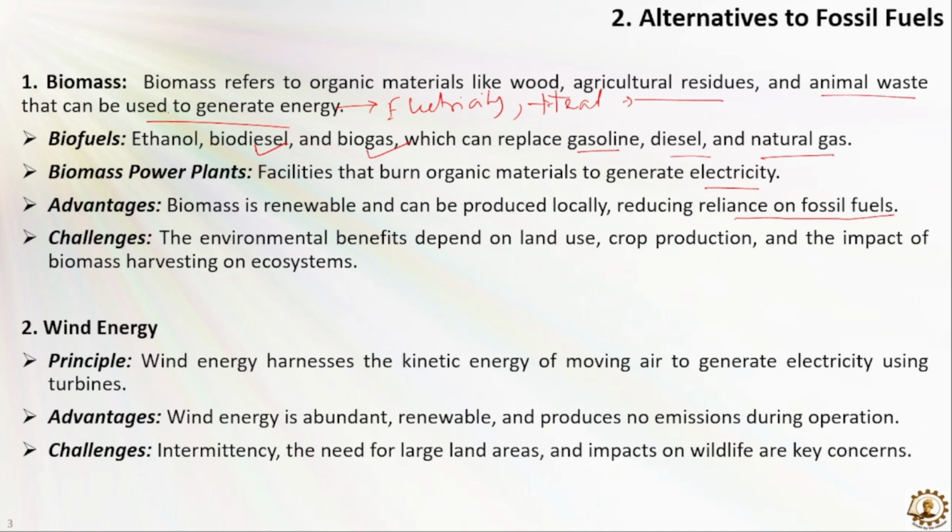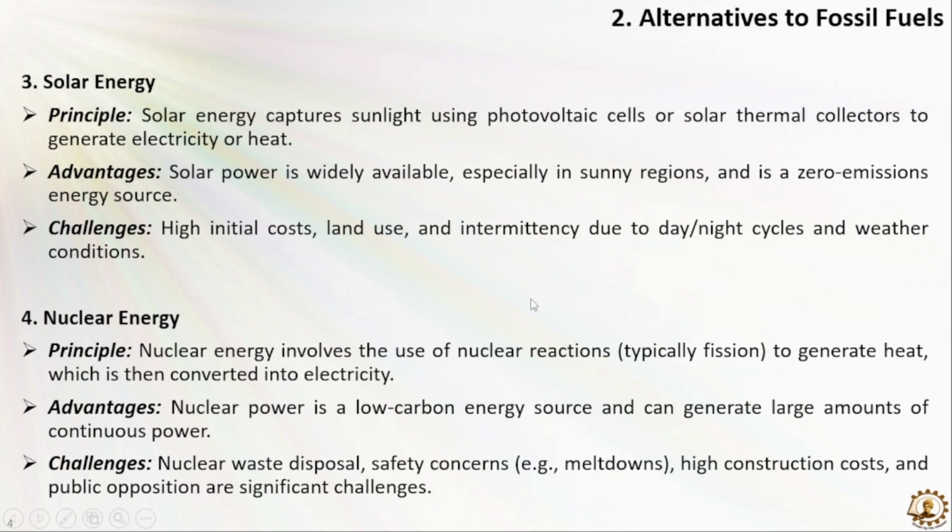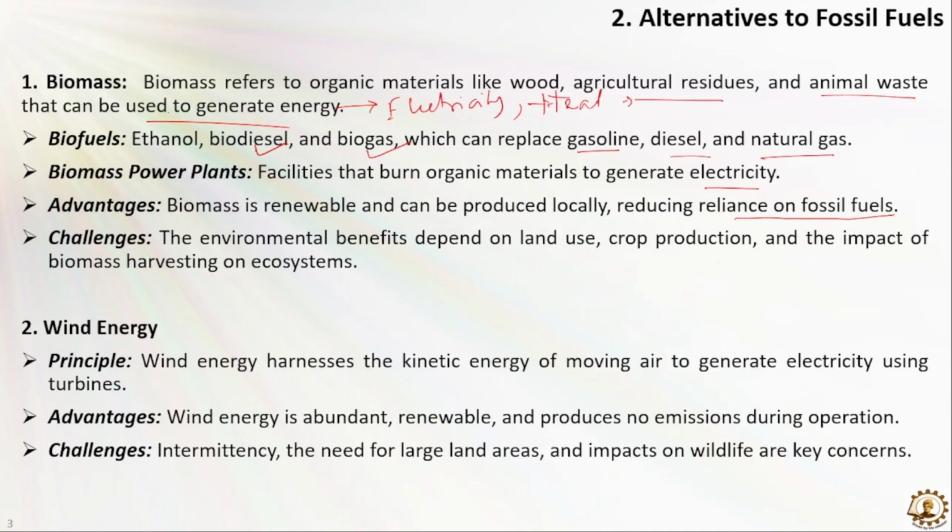The second alternative to fossil fuel, which is right now widely used in the world, is wind energy. The basic principle to harness electricity from wind is to use the kinetic energy of the wind to move a turbine. If the turbine rotates, then we can generate electricity.